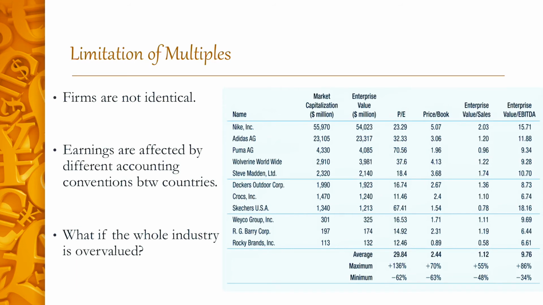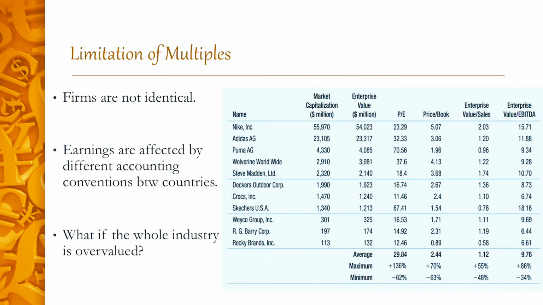But we know that identical firms do not really exist. If they existed, the valuation multiples would have worked perfectly. But of course, in reality, there are differences between firms, and the usefulness of these valuation multiples depends on how big these differences are.